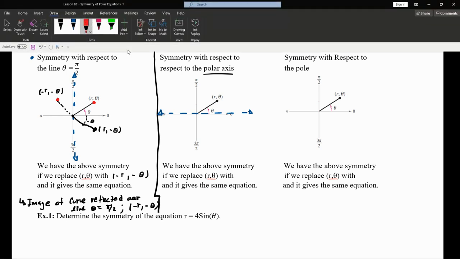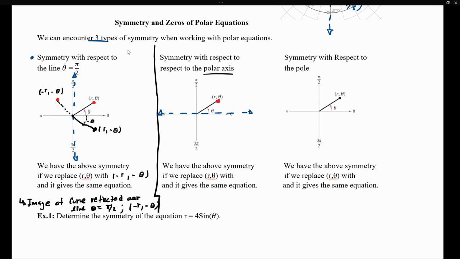So if we've been given a point, and if I reflect it over the quote-unquote x-axis, which in reality we're going to call the polar axis, I know that my point is going to be landing somewhere over here. So somewhere over here, if I get this point and I reflect over this line, it's going to land somewhere here. So now my question is, can I define this point in terms of the original point?